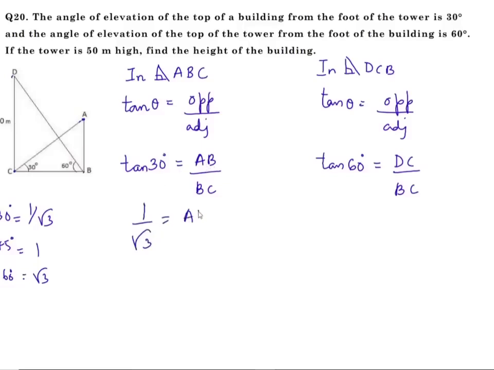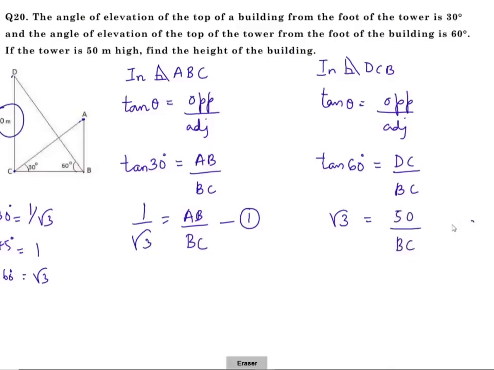Now AB, write as it is. BC we need to find out, write as it is. Take this as equation 1. Now what is the tan 60 value? It is root 3 equals DC by BC. Do we have the value of DC? Yes, 50 is there. DC value is 50. BC value we need to find.